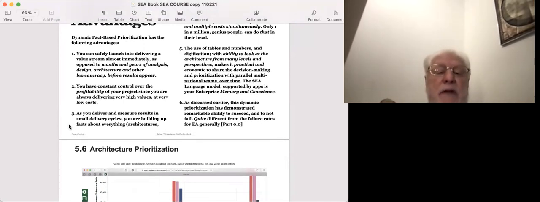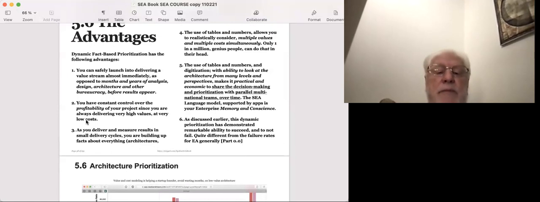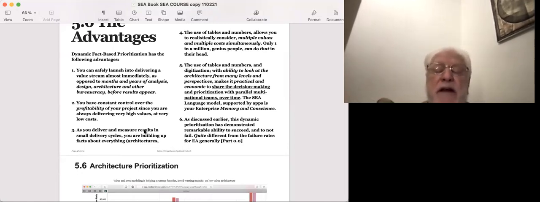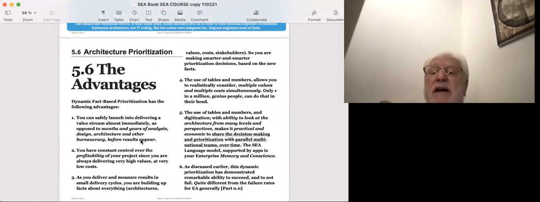And let's see, another advantage is that as you deliver and measure results compared to your estimates or expectations, you are building up facts about architecture.